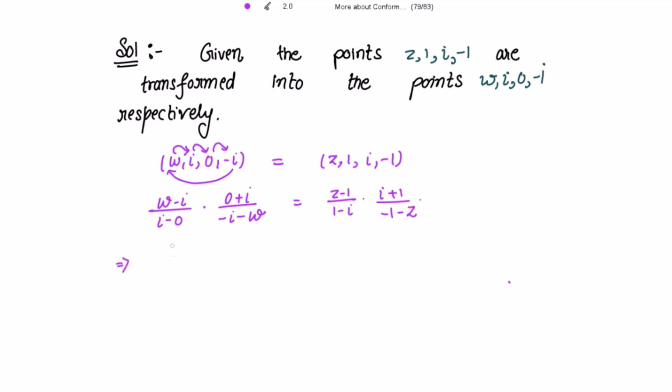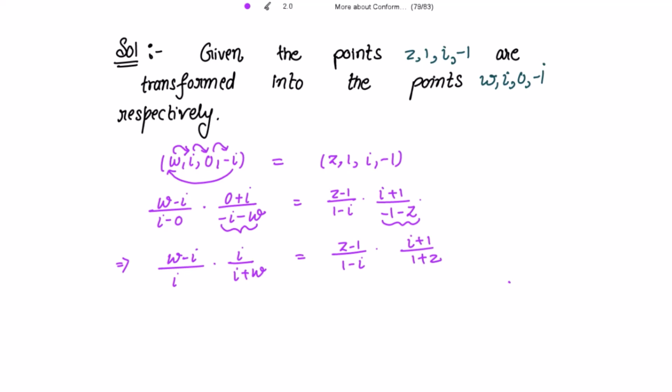Then we write here w minus iota divided by iota, and this is iota divided by, let's manage the signs of these two. So this becomes iota plus w, and this is equal to z minus 1 divided by 1 minus iota, into iota plus 1 divided by 1 plus z.